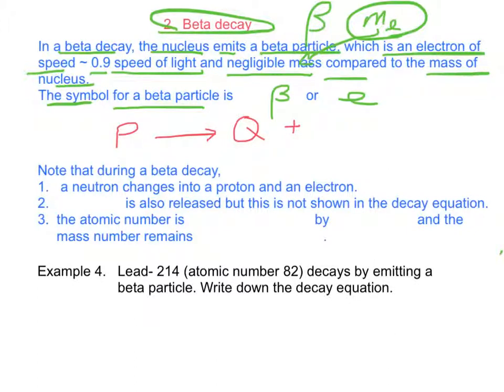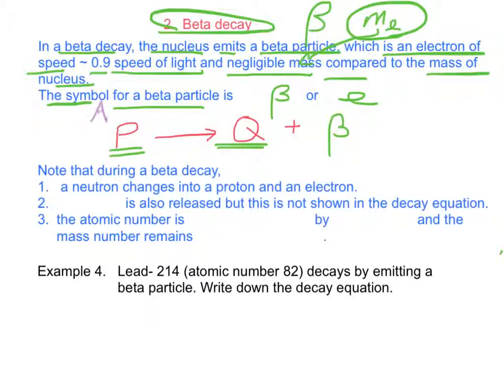The equation for beta decay is: the unstable nucleus P decays to produce a nucleus Q with the emission of a beta particle.